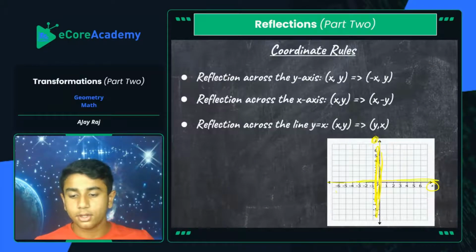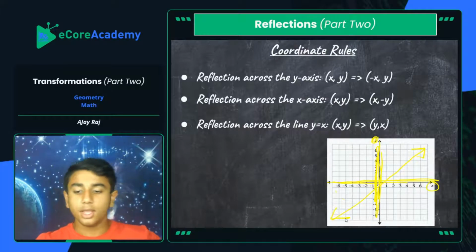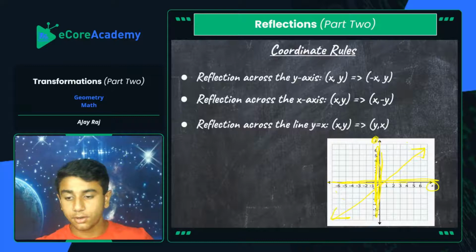And then finally, your line y equals x will basically just intersect the origin, splitting this coordinate plane in half on a diagonal. And that'll be y equals x right here.